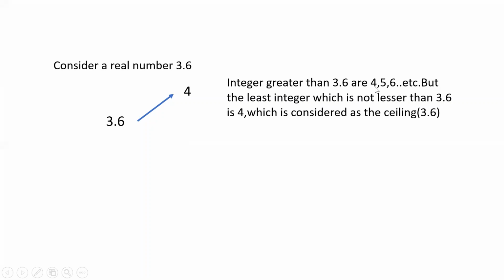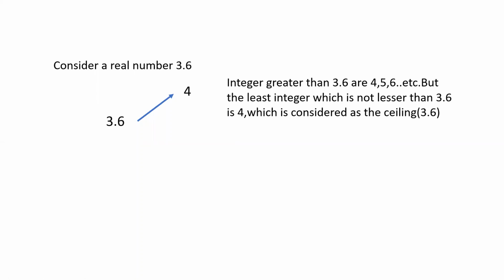Among these, 4 is the least integer which satisfies both conditions: it is not lesser than 3.6 and it is greater than 3.6.